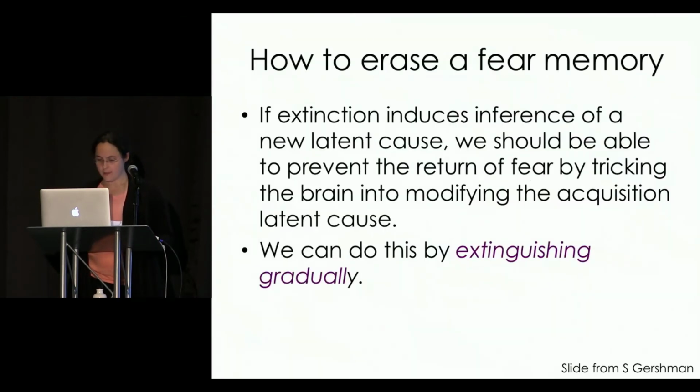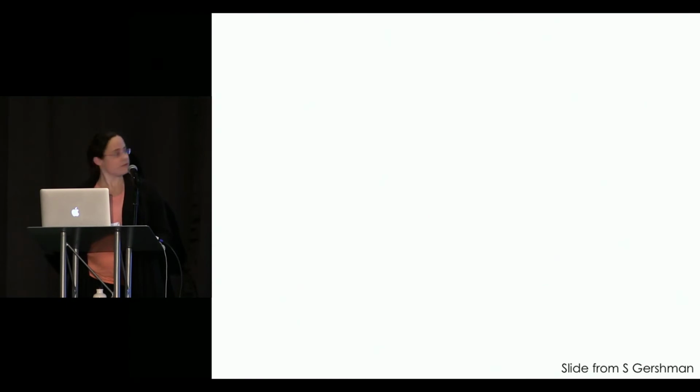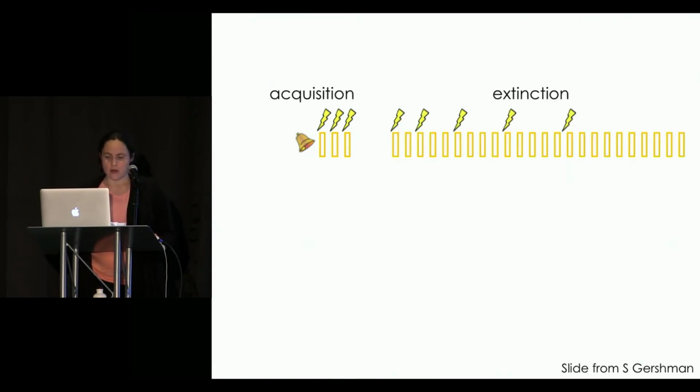Okay, so Sam and his colleagues try this by gradual extinction. So it looks like this. The animal is trained to fear the tone. And then during extinction, extinction is gradual instead of being sudden.